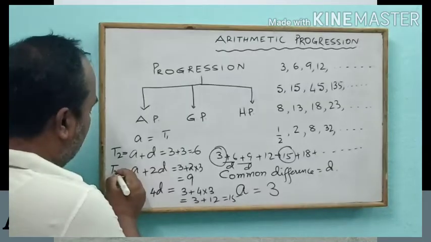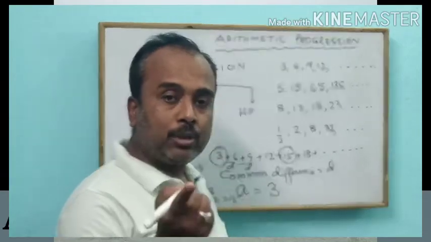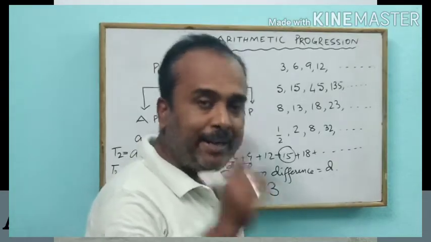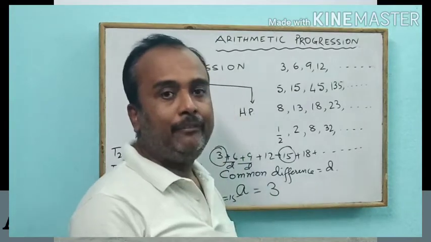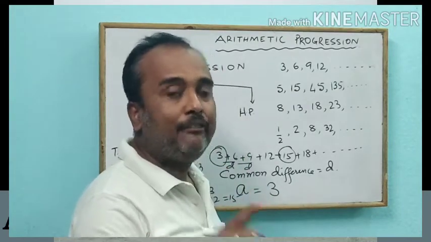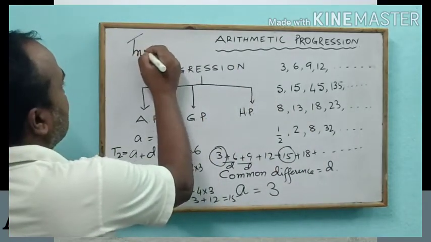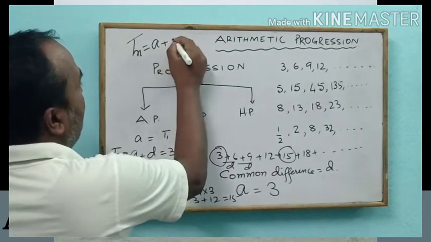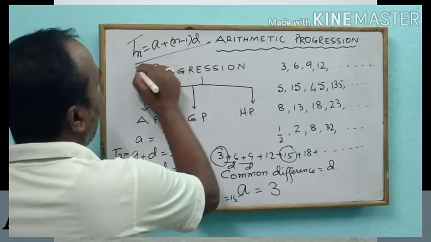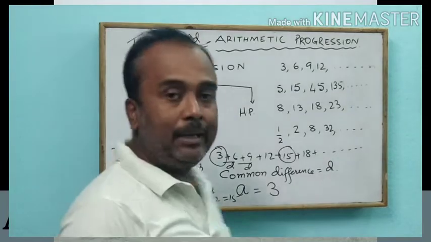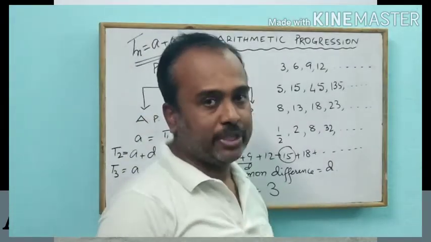Then the third term is A plus 2D, the fourth term is A plus 3D, the fifth term is A plus 4D, the sixth term is A plus 5D. So the nth term in an AP series is A plus (n minus 1)D. This is how we find the nth term in an AP series. Now related to this formula, let us see a few questions.